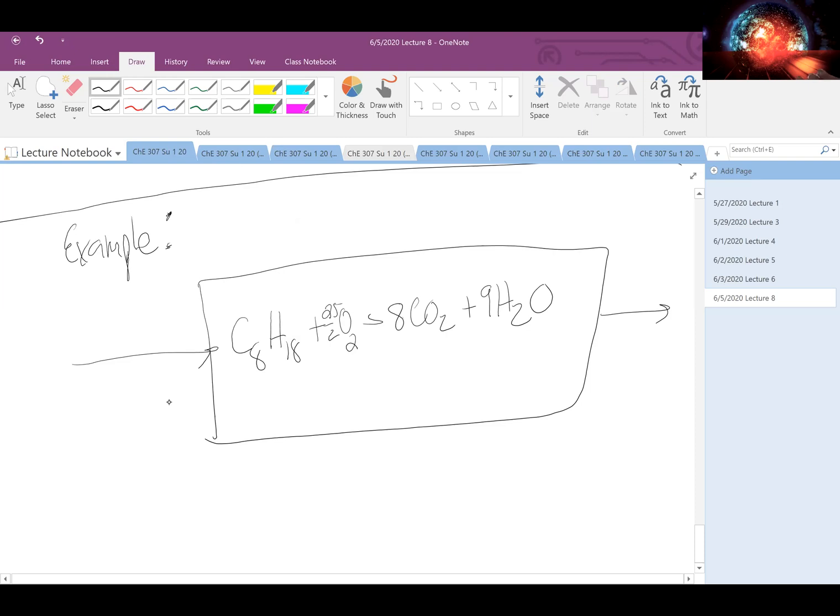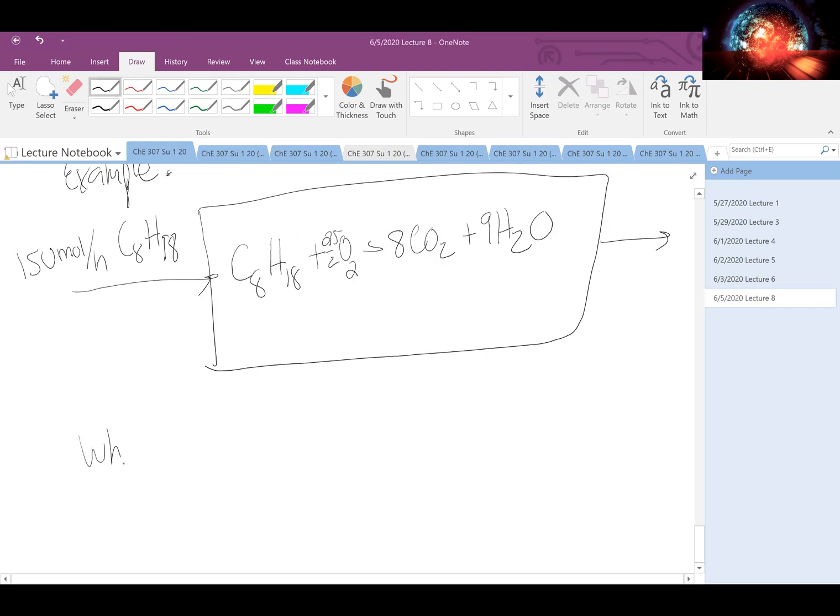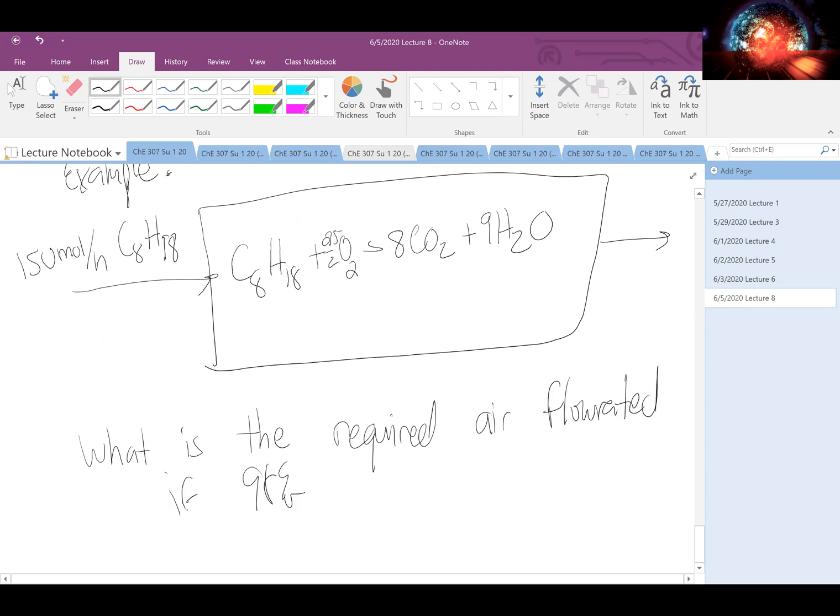And let's say I'm burning this octane at a rate of 150 moles per hour. And my question is, what is the required airflow rate if I have 98% complete combustion? Meaning my conversion is 98%.